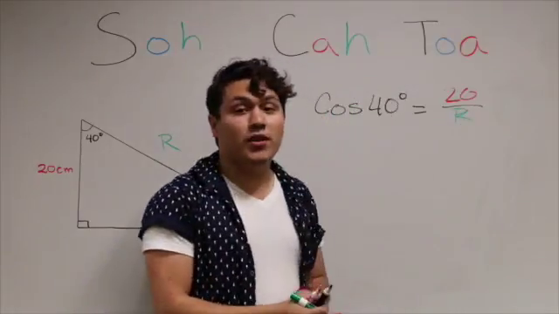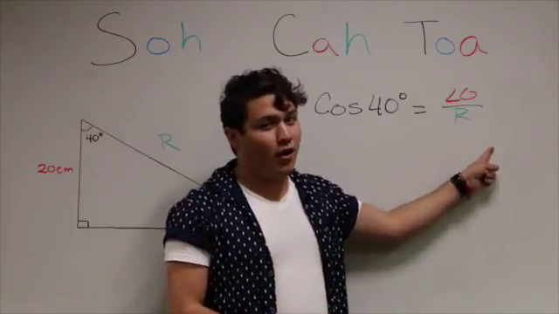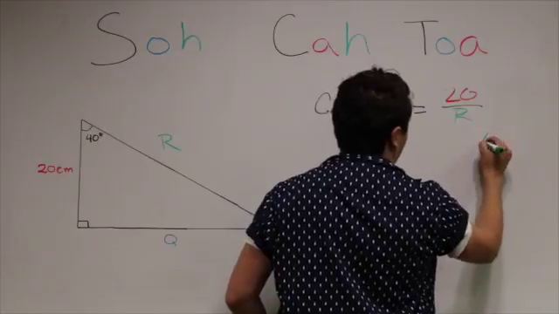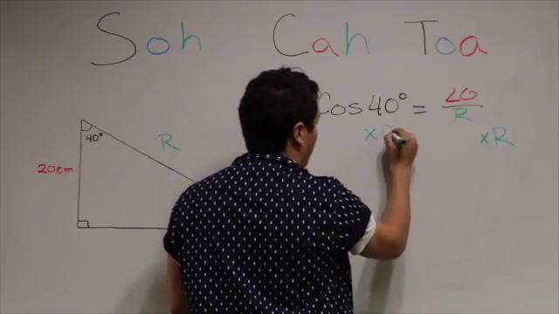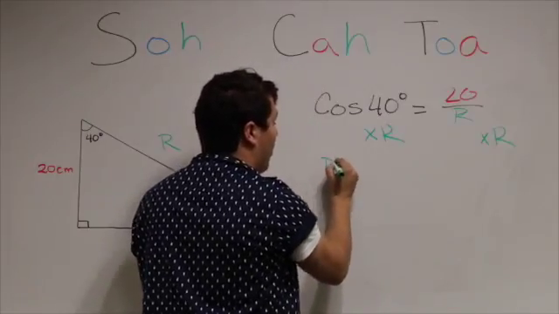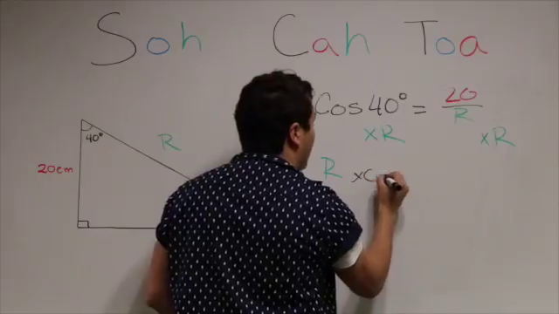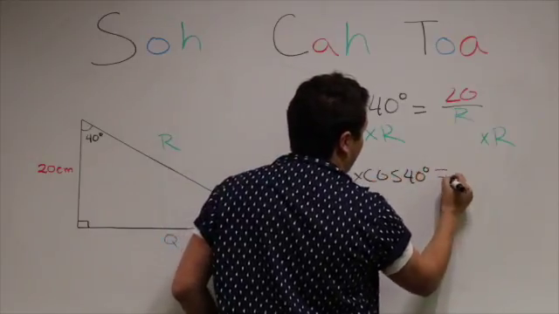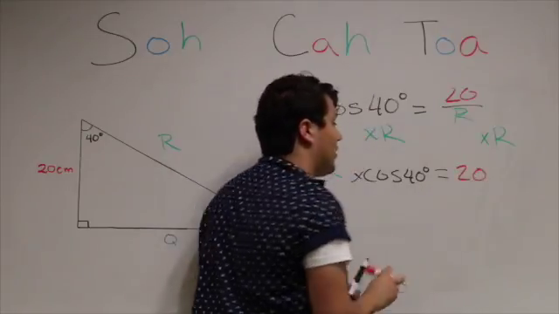Alright, so we're going to try to get R alone. In order to do that, we're going to multiply R to both sides. Which means we'll have R times cosine of 40 degrees is equal to 20.